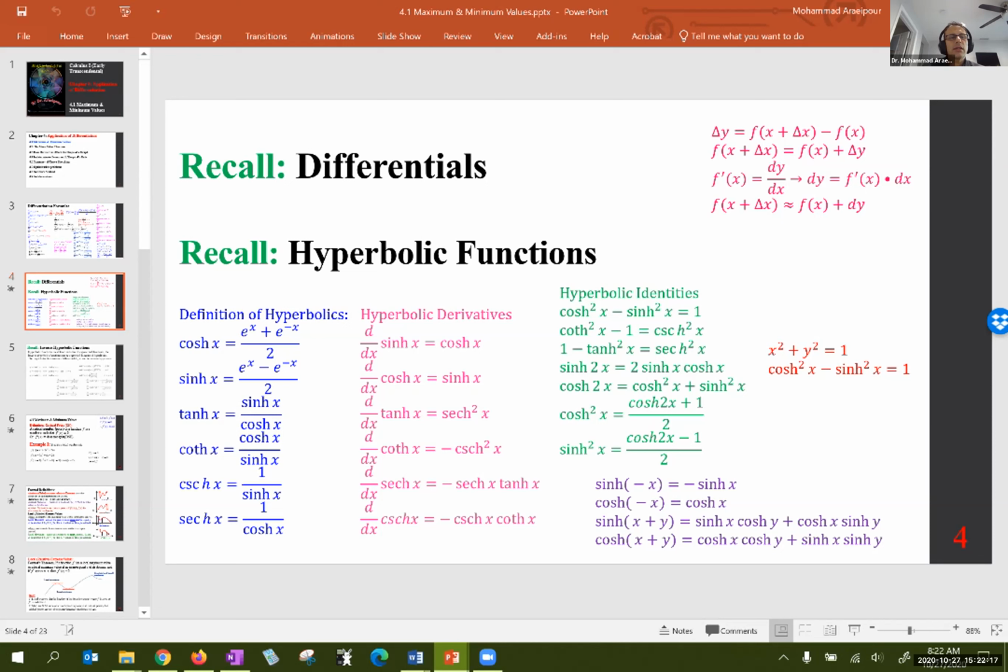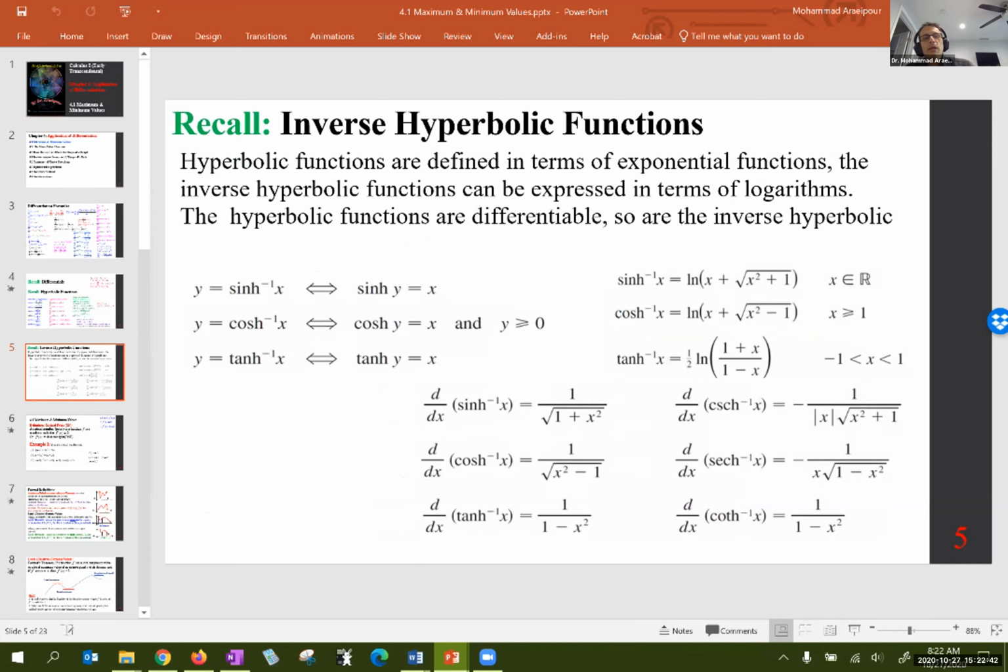Then we looked at hyperbolic functions, their definitions, identities involved, and the derivatives involving hyperbolic functions. So the synopsis of it can be found here. The inverse functions, we just covered that.